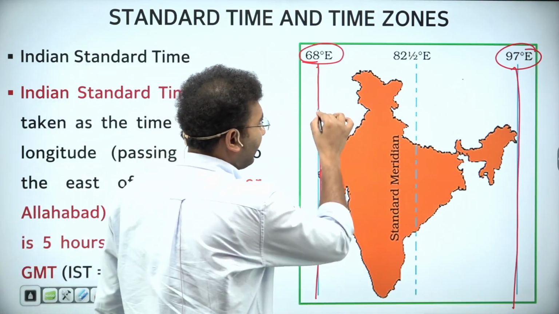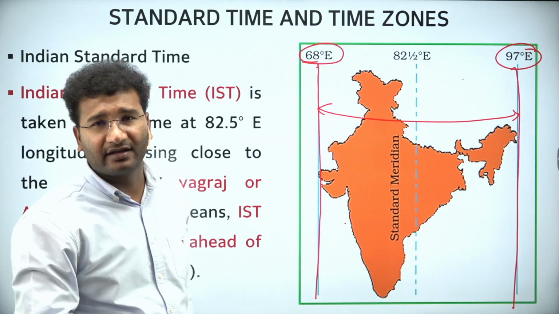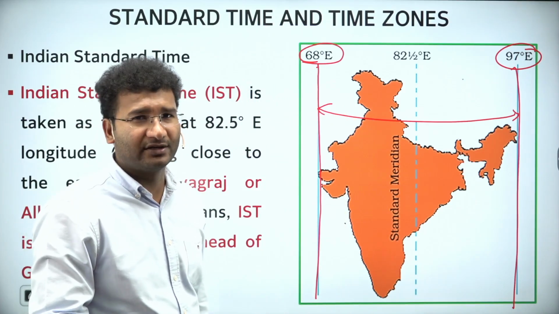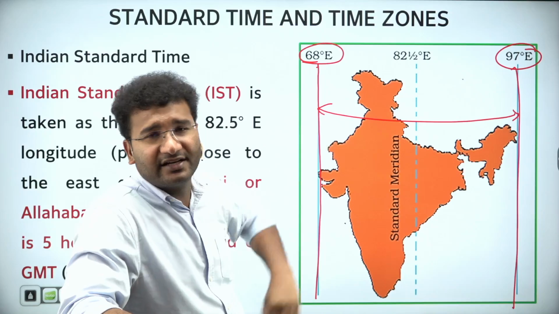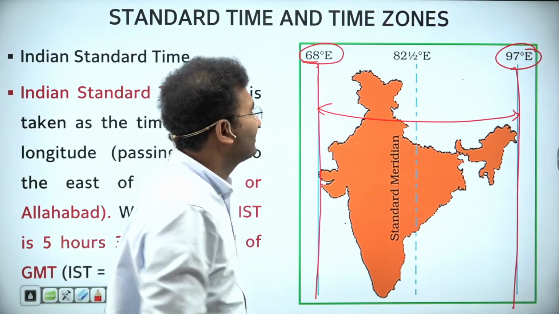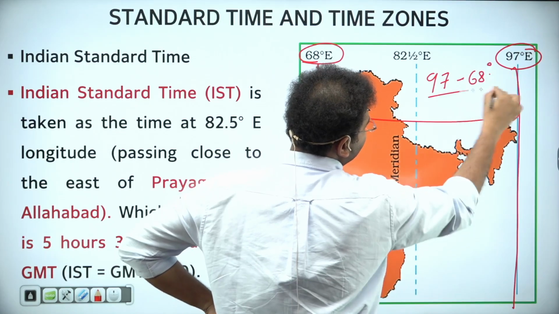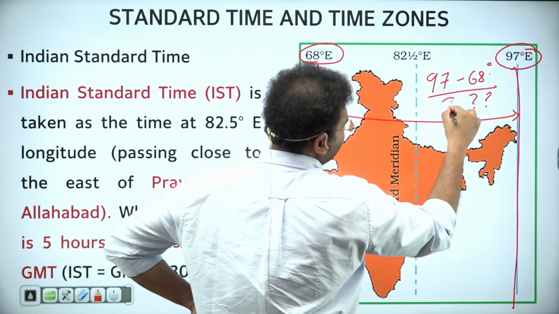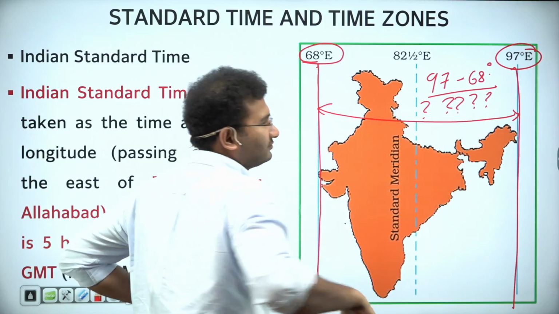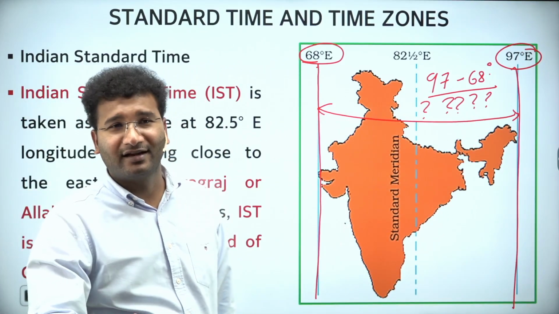Look, the time gap between these two is very high. It is near about 1 hour and 52 minutes. 97 minus 68. Tell me, what is 97 minus 68? How many degrees? You tell me. Yes, why is it taking you so long?